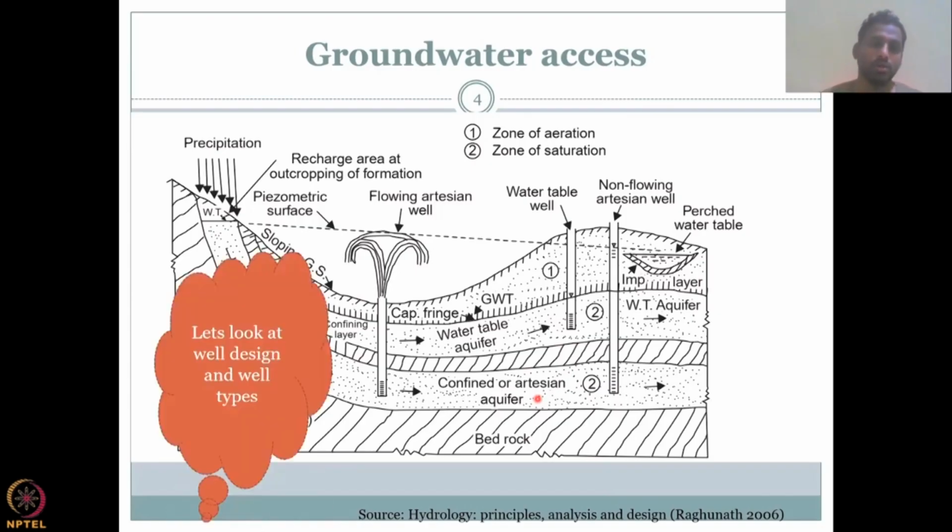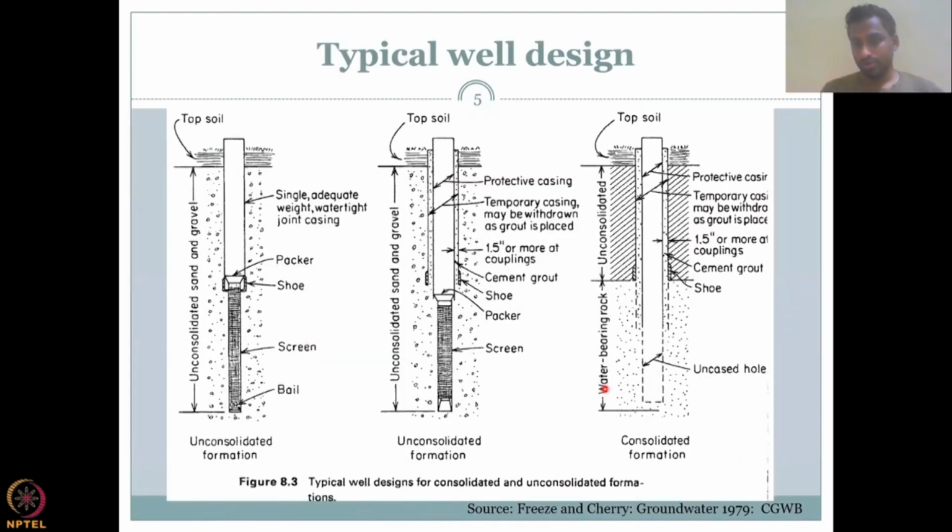Okay, so let's look at well design and well types based on the network that we want to see. Most importantly, it is between the two aquifers, what wells are available in the two aquifers, and also what speed of discharge is going to come based on the use.